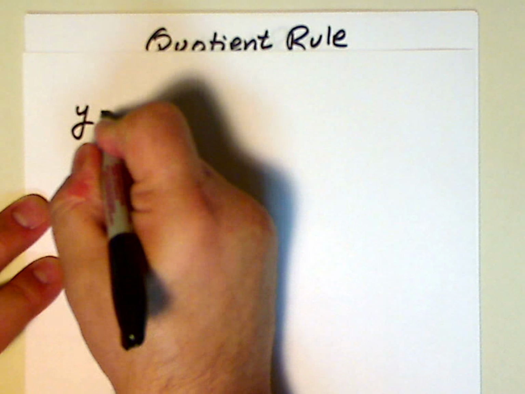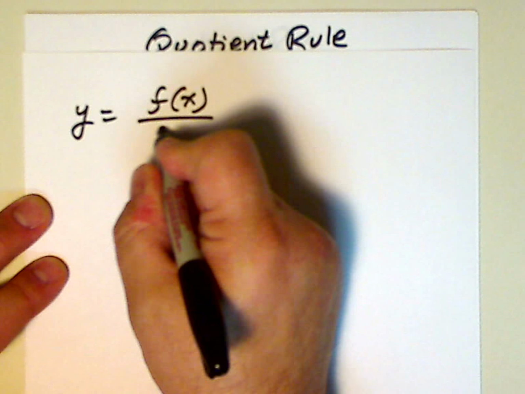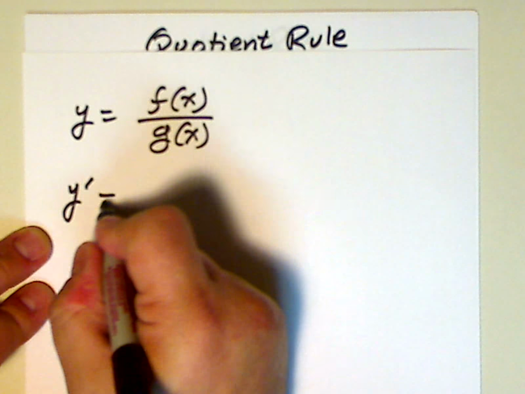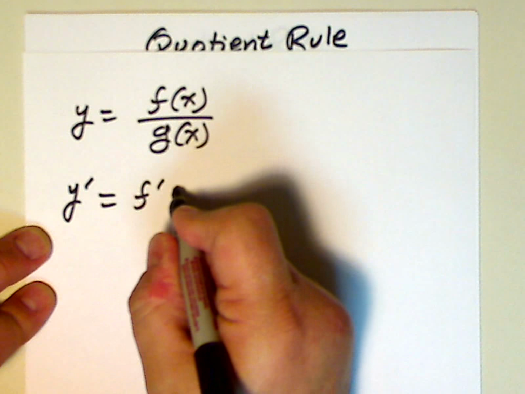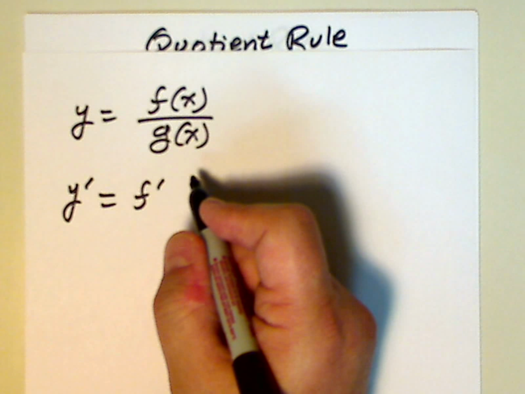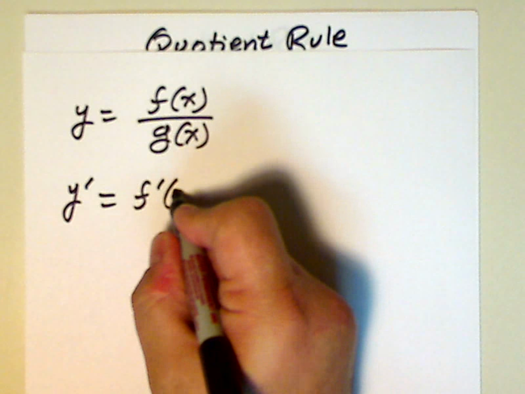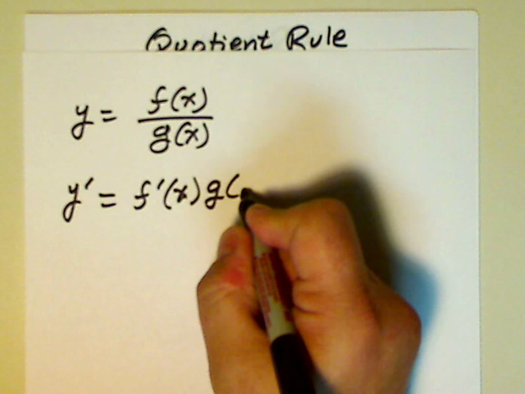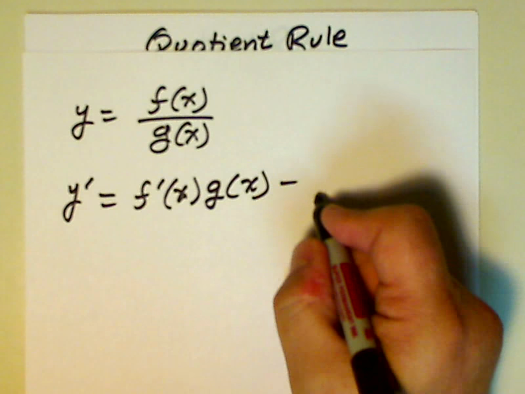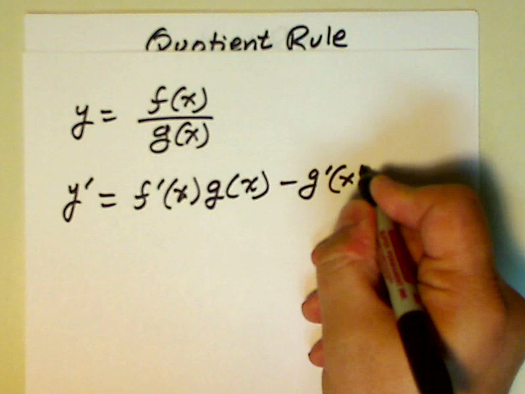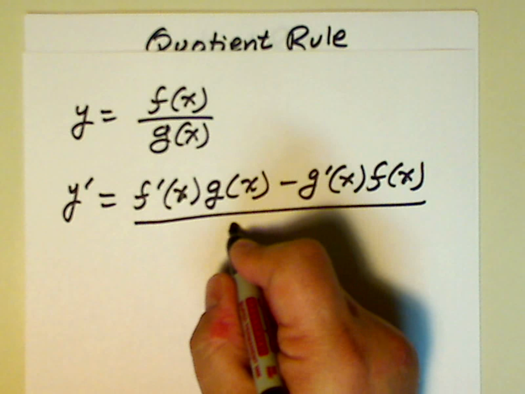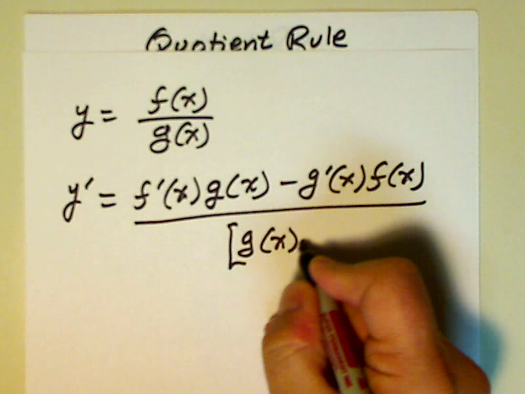But we have a quotient, f of x over g of x, and if we want to differentiate this, the quotient rule says we take the derivative of the numerator, f prime x, and we multiply it by the denominator, g of x, and then we subtract off the derivative of the denominator, g prime x, times the numerator, and we divide it by the denominator squared, g of x squared.